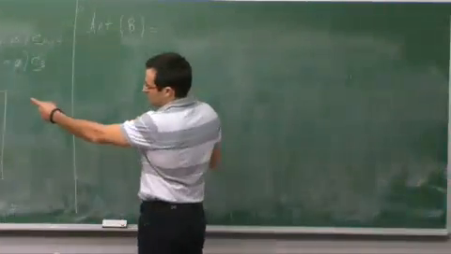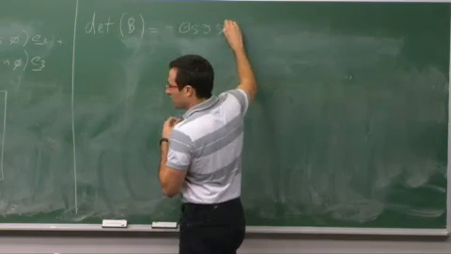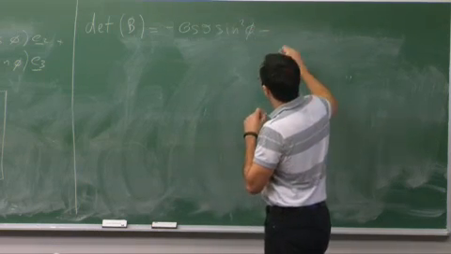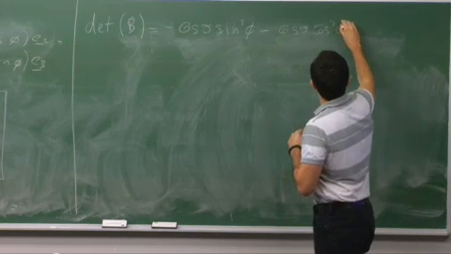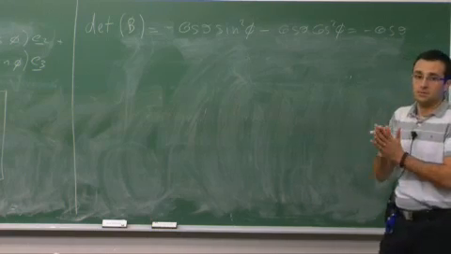If we compute it, it's minus cosine of theta sine squared of phi minus cosine of theta cosine squared of phi, which means minus cosine of theta, right?